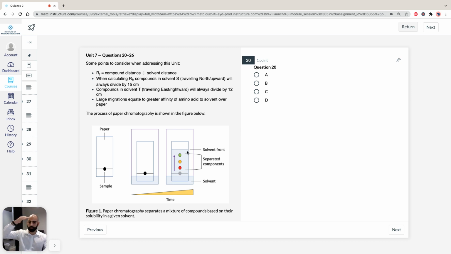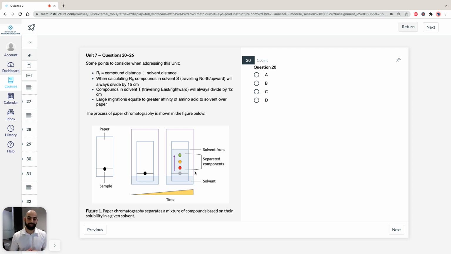We have our solvent front at the top, and that's what we're going to measure. In this instance, solvent S is, say, 15 centimeters. We've separated them by solubility in the solvent, not necessarily by the sizes of the amino acids.